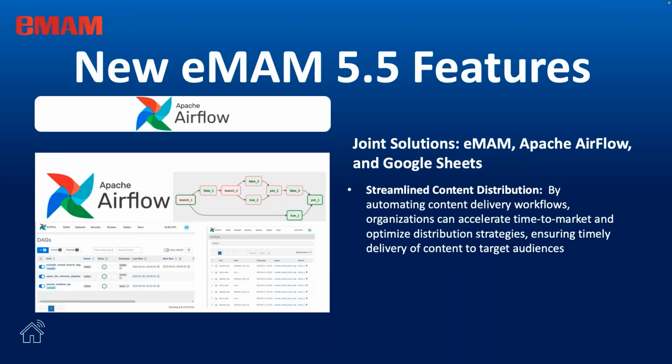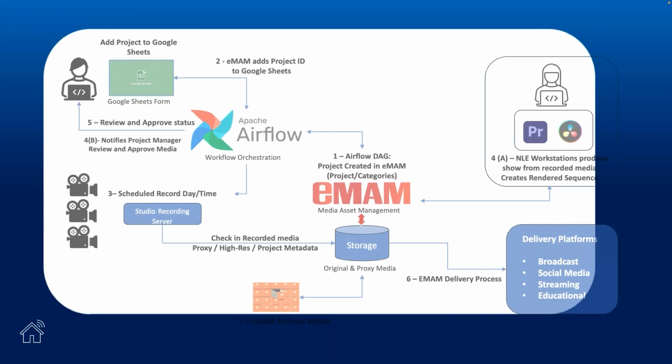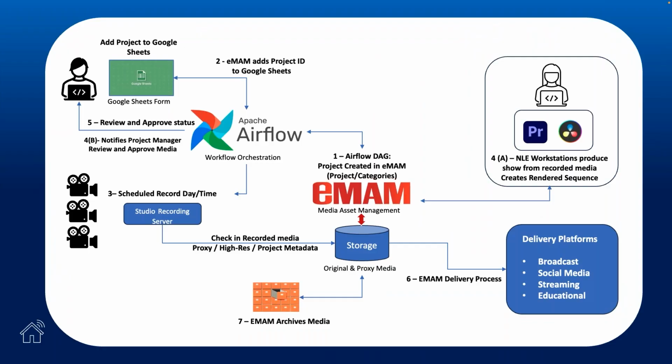And then based on, in this case, we're going to talk about Google Sheets. At the upper left-hand corner there, in this scenario we built, Google Sheets could then create a project, and then through automation with Apache Airflow, I could automate the process to trigger, say, a studio recording at a certain time and day. Media then can be created.